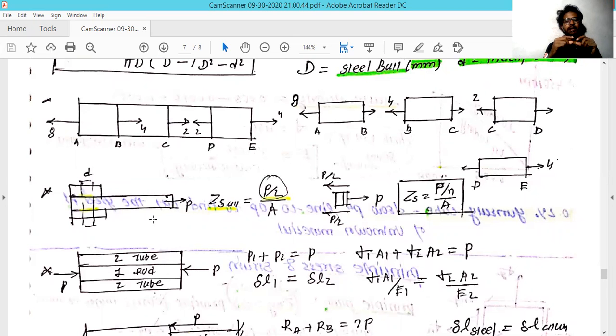So there are two places where the shear is taking place. So we have to divide this P force into two cross sections. So I have taken the shear stress equal to P divided by 2 divided by area. Area is nothing but the area of that bolt, not of that rod.